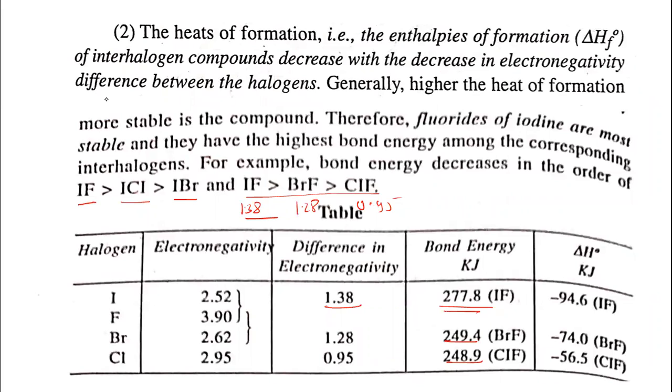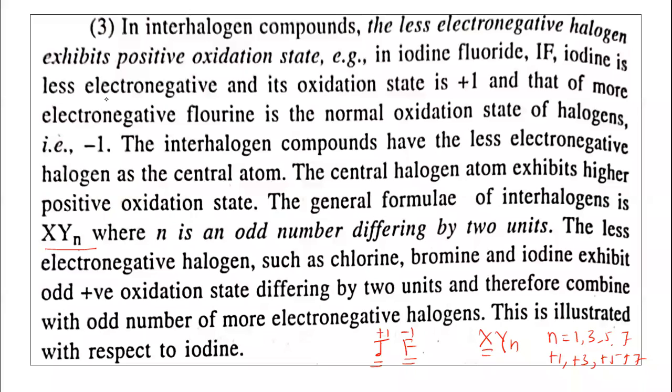Then heat of formation. Heat of formation among the interhalogen compounds decreases with the decrease in the electronegativity difference. That is the same reason. So in the case of IF, heat of formation will be larger. The same point we have to consider here, the electronegativity difference between the two halogen elements in the interhalogen compounds. Then in interhalogen compounds, the less electronegative halogen shows positive oxidation state.